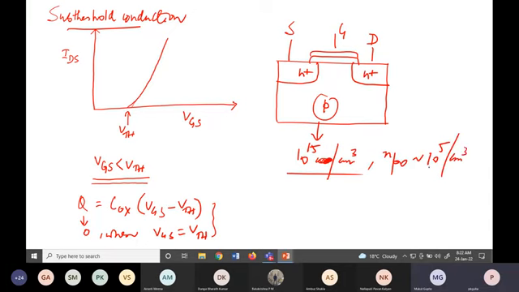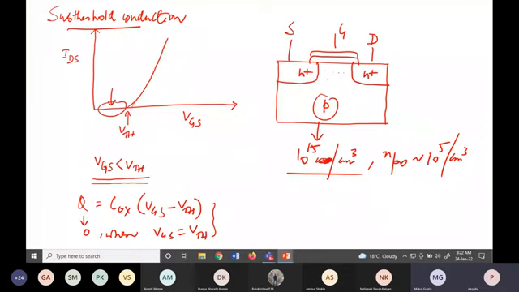So the minority carrier concentration in the substrate is not 0. So in this region there will be current. That current might be very low depending on a factor which is known as subthreshold slope. That is what we discussed in the last class.